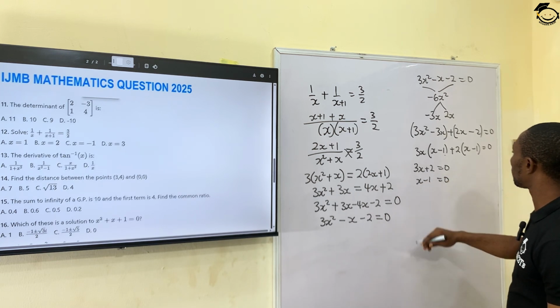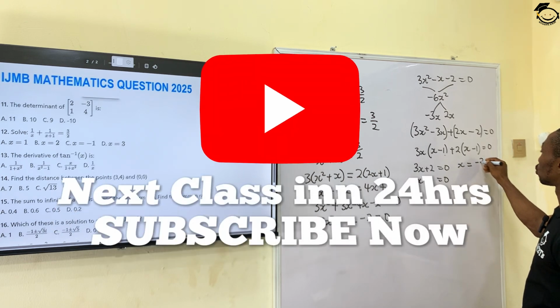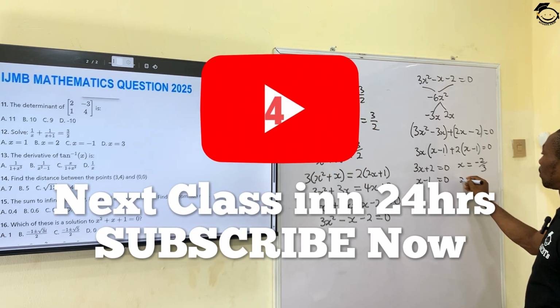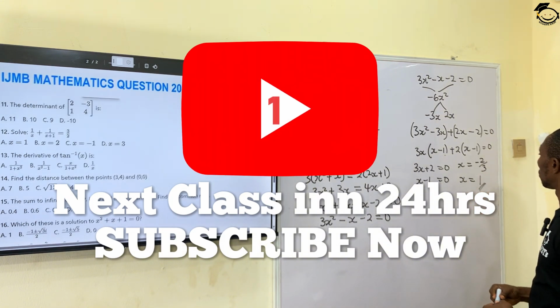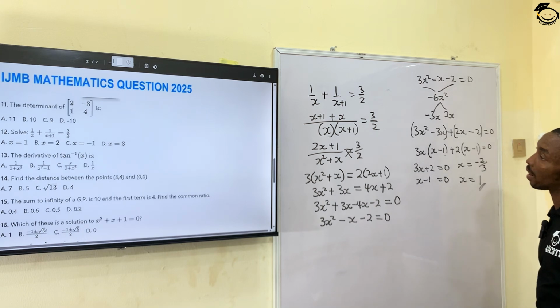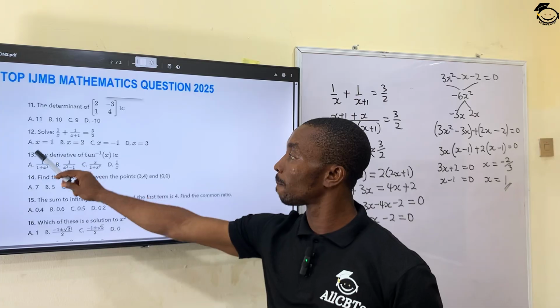From here, our x would give us minus 2 over 3, and from here, our x will be giving us 1. So the possible positive answer for x will be 1, which is option A.